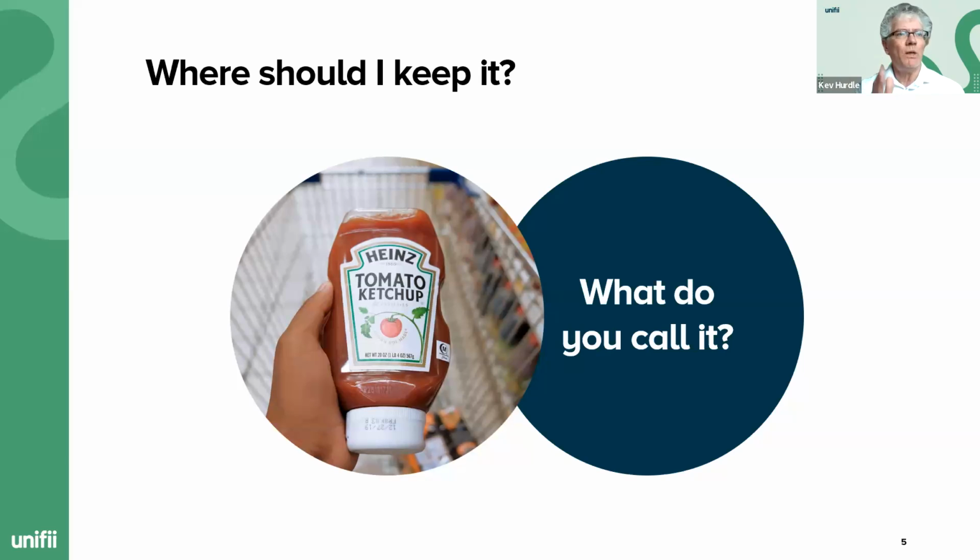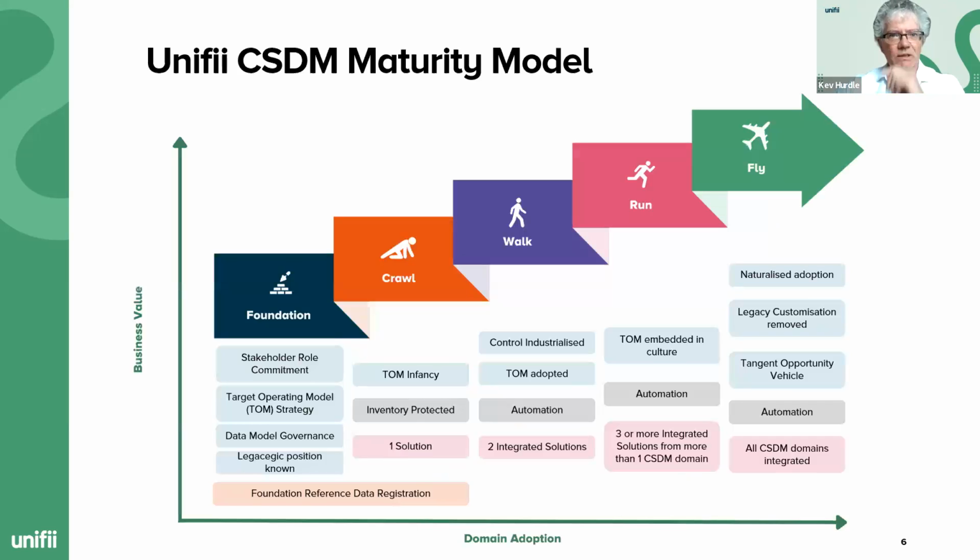And there is a structured way of trying to get to that place. If you review the ServiceNow documentation, I'm sure you've seen this crawl or run kind of way of maturing the CSDM model.